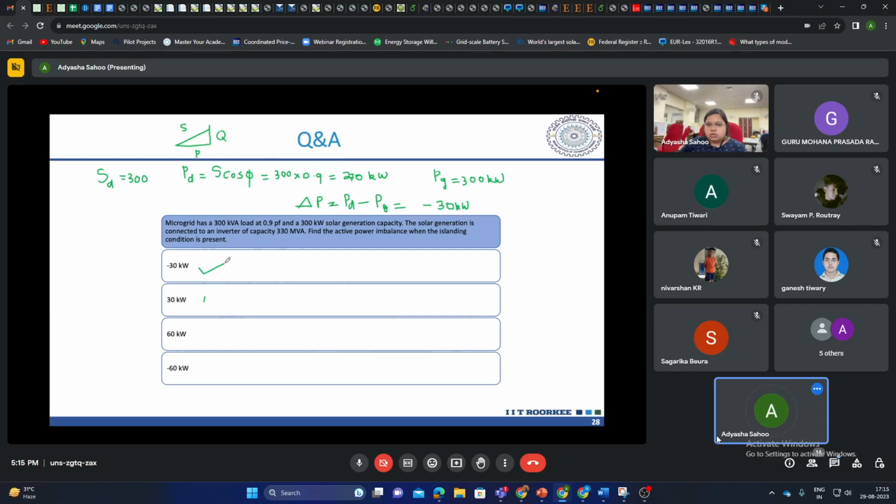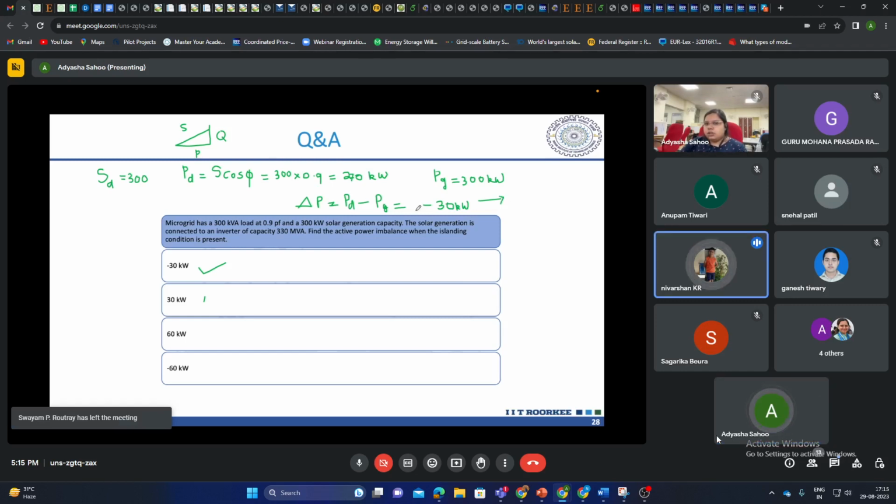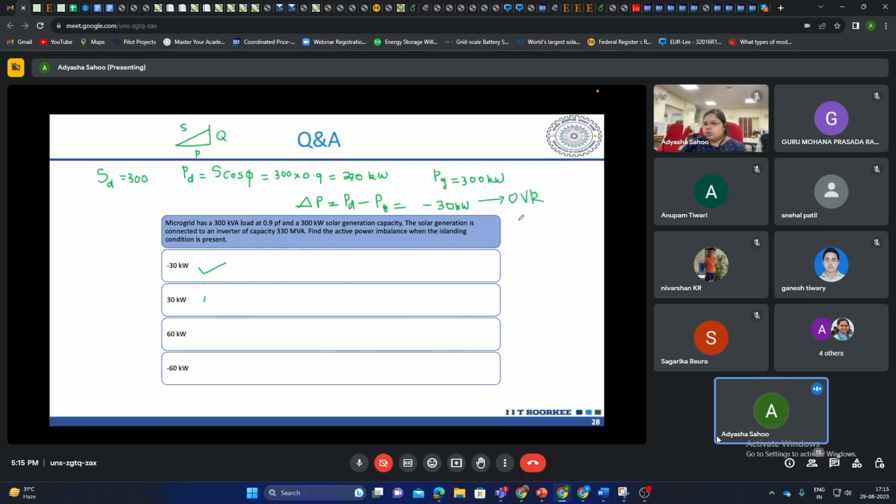Can anyone tell me, under this condition of negative mismatch, which relay will be tripping? Over voltage. Yes, as correctly stated, we will have over voltage relay operation.